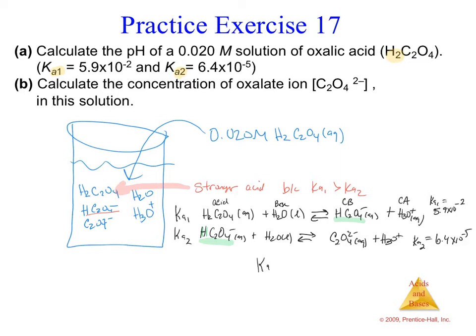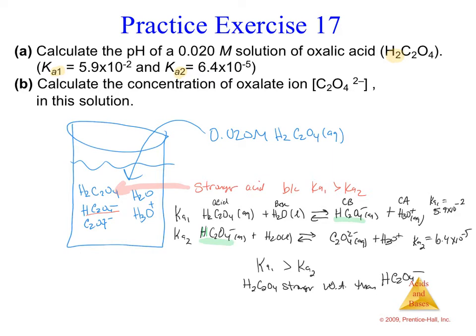So I can see Ka1 is larger than Ka2, so H2C2O4 is a stronger weak acid than HC2O4 minus.